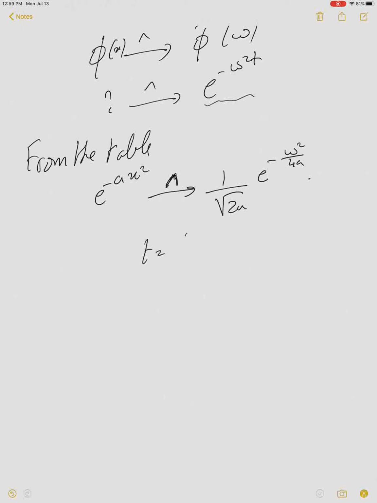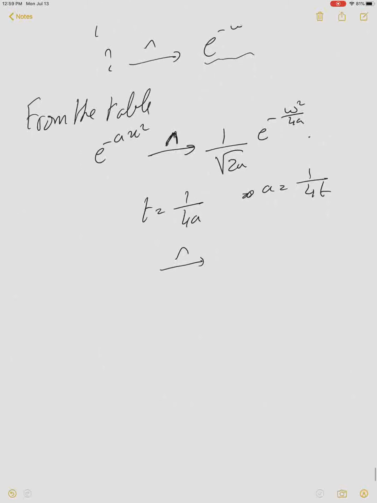So here you have t equal 1 over 4a. So this implies that a is 1 over 4t.